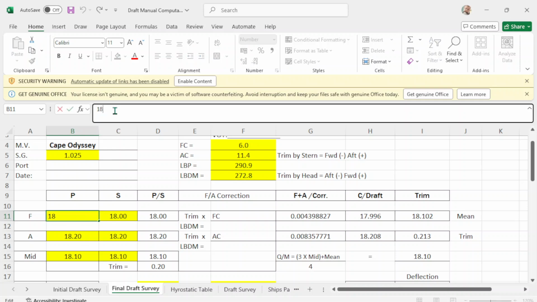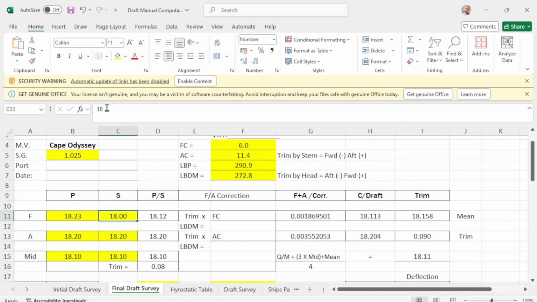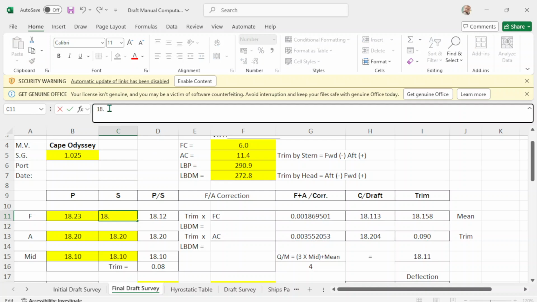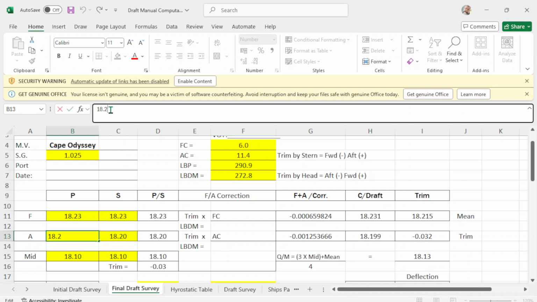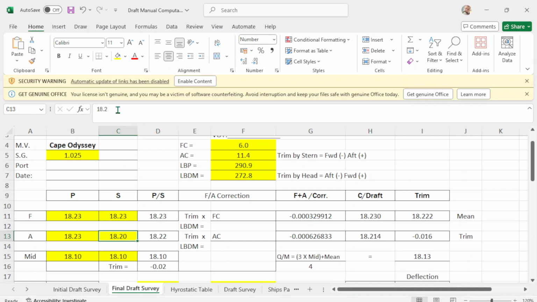Put this 18.23, and aft port will be 18.23, and aft starboard will be 18.23.